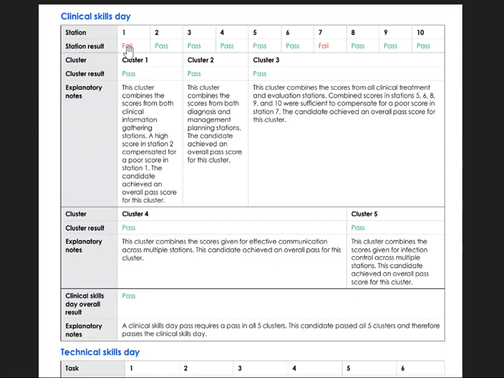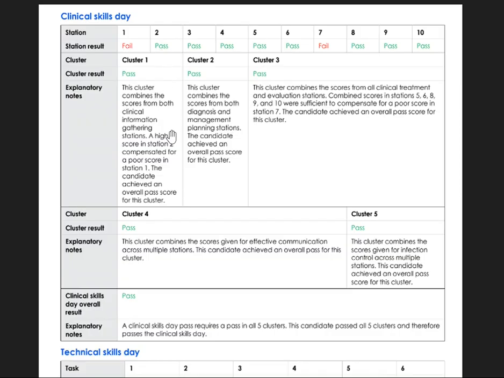So because this candidate didn't fail station 1 very badly, he was compensated by a good score in station 2. But let's say the candidate did really badly in station 1, your good score in station 2 might not be sufficient to compensate for the bad score you had in station 1, and you might fail this cluster despite failing one and passing one.